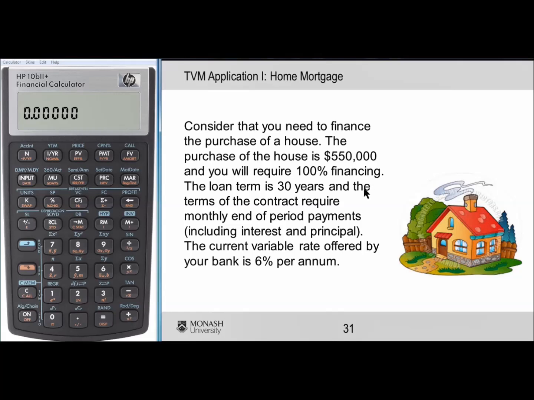The loan term is 30 years, and the terms of the contract require monthly end of period payments, including interest and principal. And the current variable rate offered by your bank is 6% per annum.